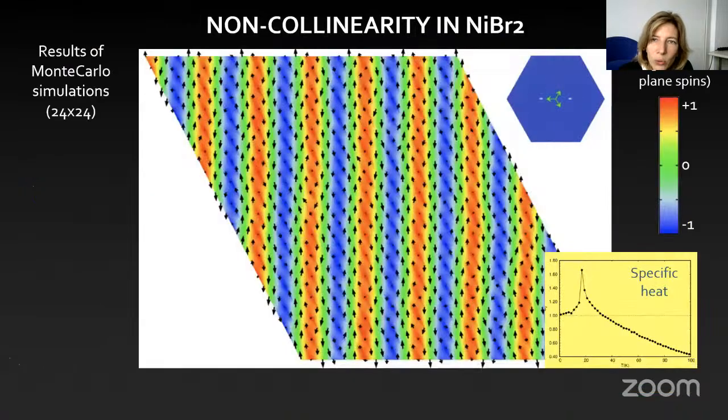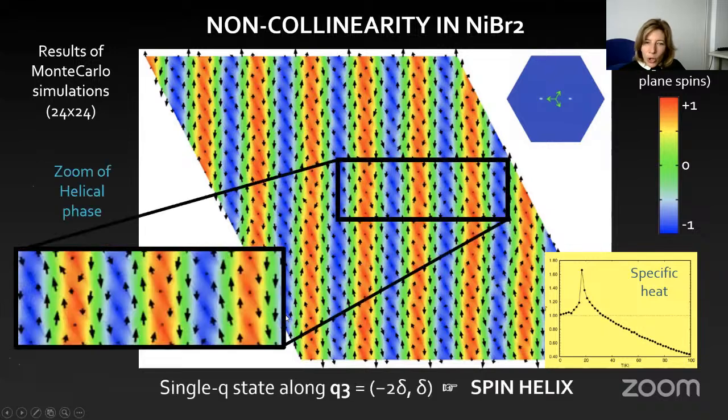Okay, so what we did was that we first performed Monte Carlo simulation for nickel bromide. And so what we got was this. The susceptibility shows that you have a low Curie temperature. This depends a bit on the parameters that we use, whether you use U or not, but it's certainly small, like 20 or 30 Kelvin.